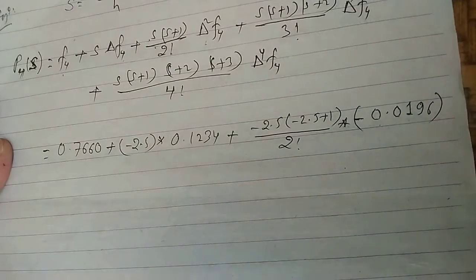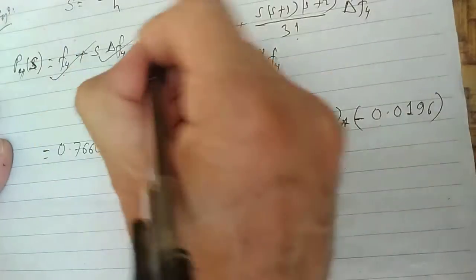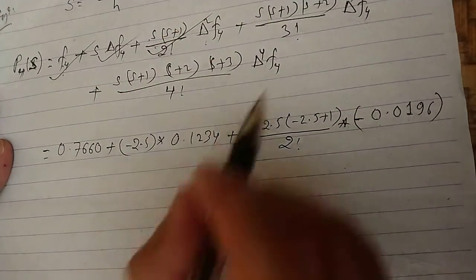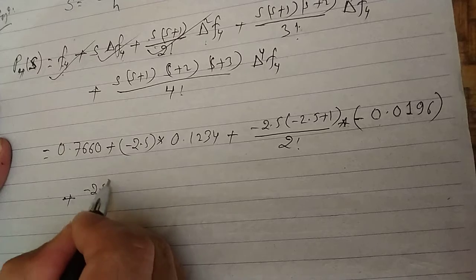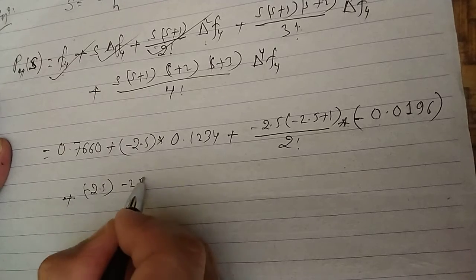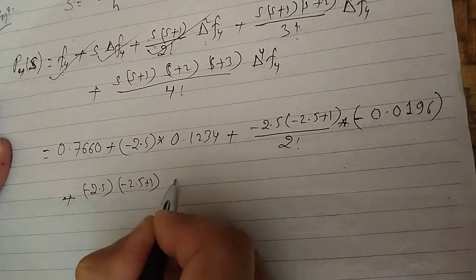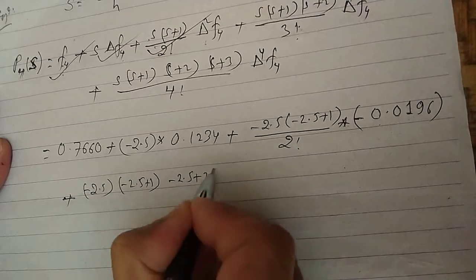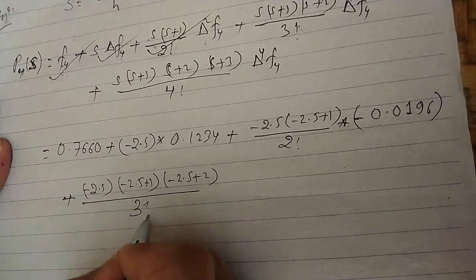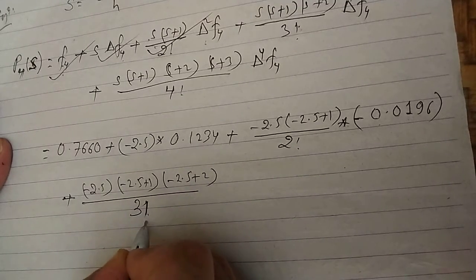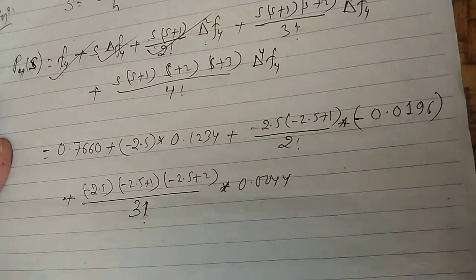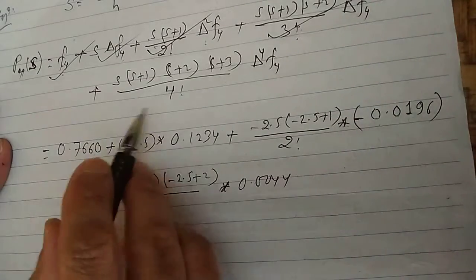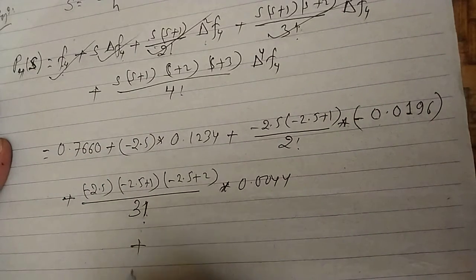All right, so we have written this. Now plus minus 2.5 into minus 2.5 plus 1, minus 2.5 plus 2 divided by factorial 3 into 0.0044. We have done this, the last term.